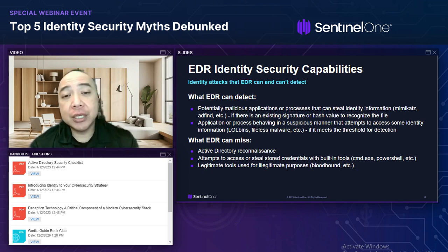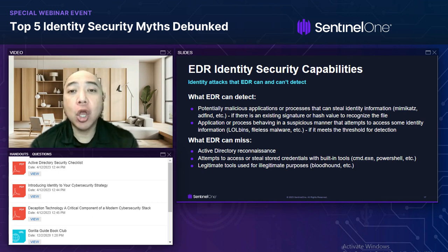Active Directory reconnaissance happens during the reconnaissance phase, but it is an attack activity, right? The attacker is collecting information to use to further their attacks, right? But the way they're doing that is by attacking Active Directory directly, right? EDR is not going to see if an attacker uses built-in tools to access stored credentials that are on the endpoint.